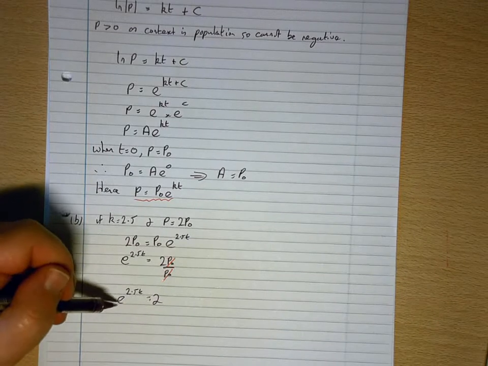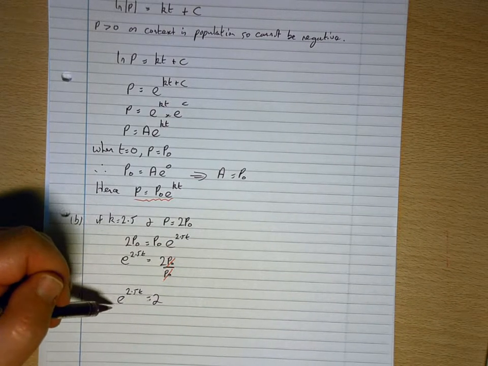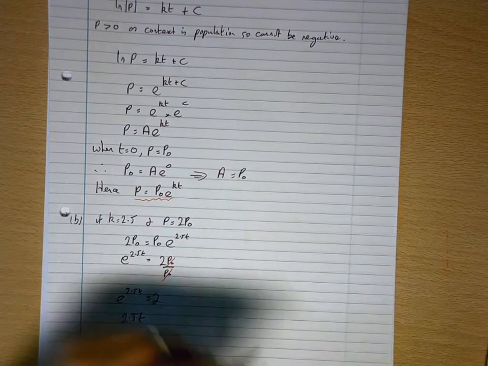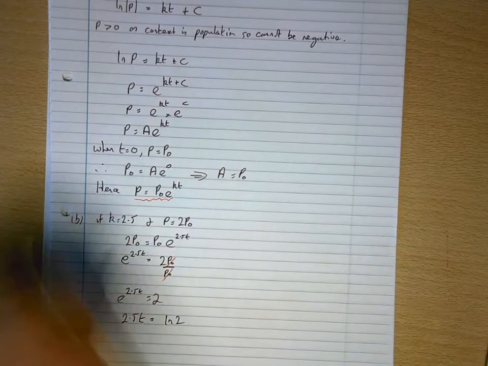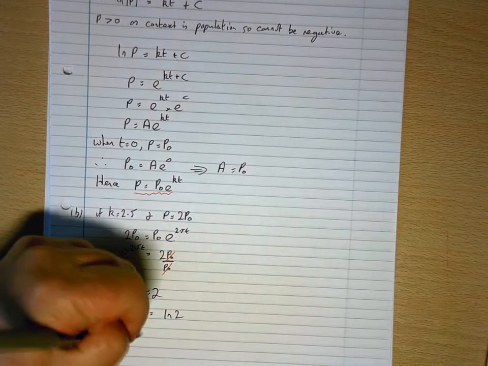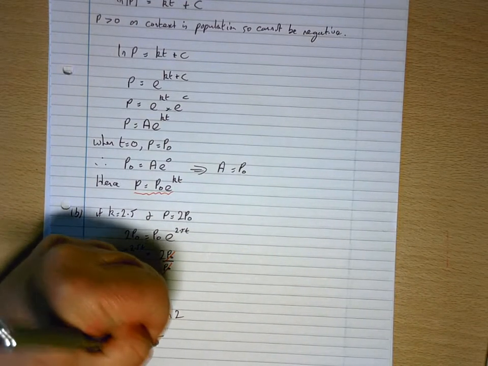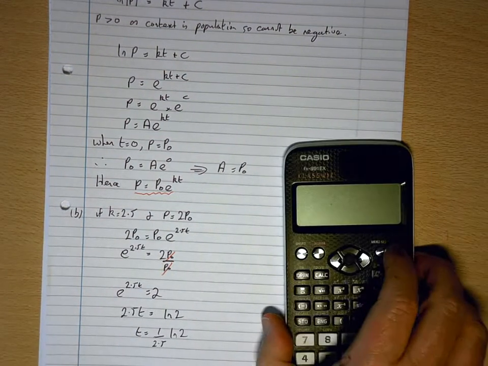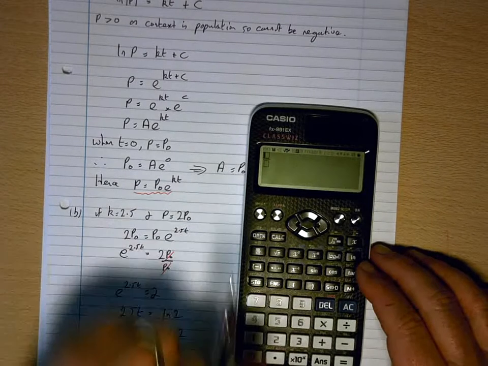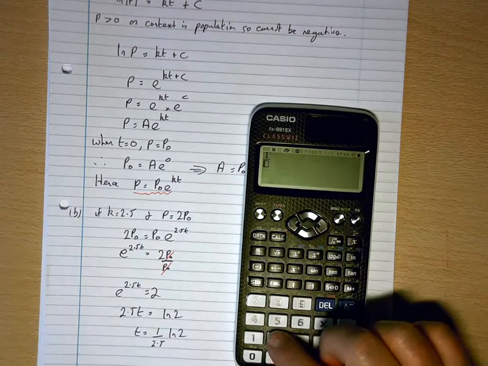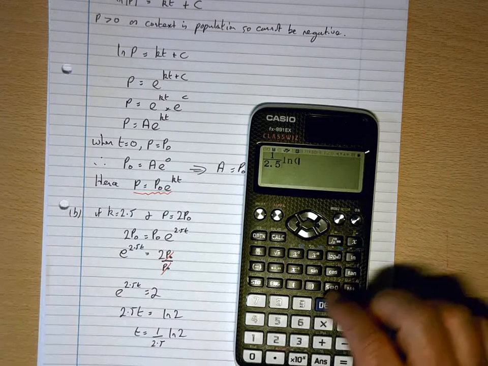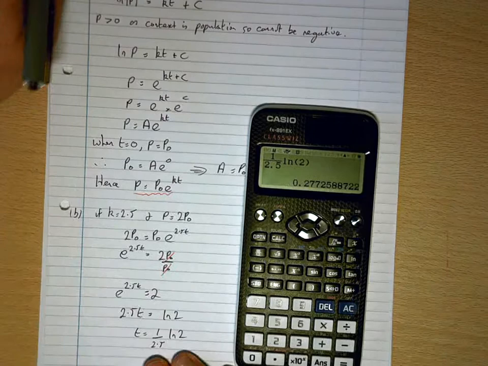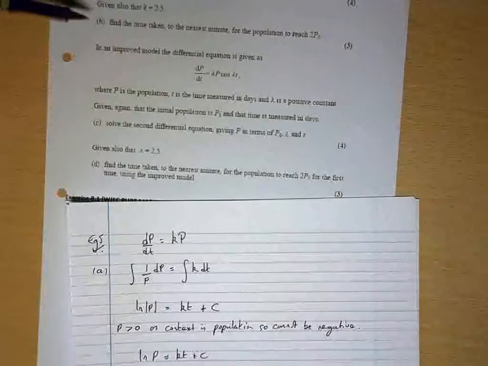I now need to bust into that exponential by doing the opposite, which is natural log. That leaves me 2.5t on that side equals ln 2 on that side. So t will be 1 over 2.5 ln 2, equals that. Does it ask us for any degree of accuracy?